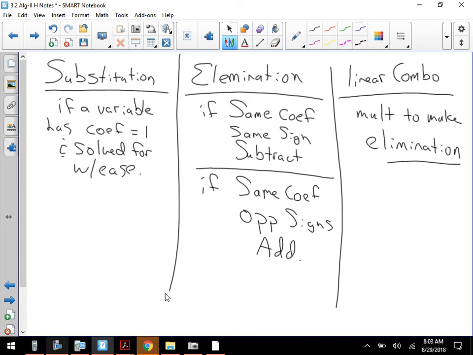You just got to watch your signs, not your sins. So little things like that. Again, you have all seen this. It's just a reminder. Yes, ma'am. Yeah. If the coefficient is not equal to 1, you got to make it equal to 1. So if you have like 2x, 2y, and a 6, divide everything by 2 and then substitute, by all means. There's no problem with that at all.